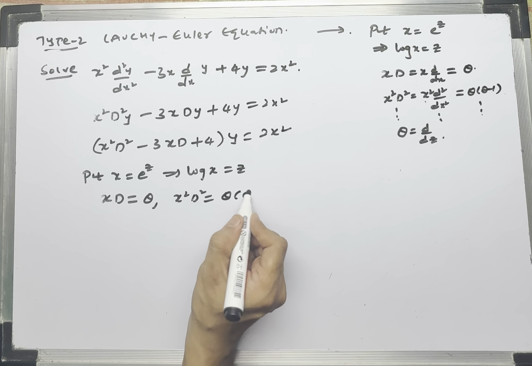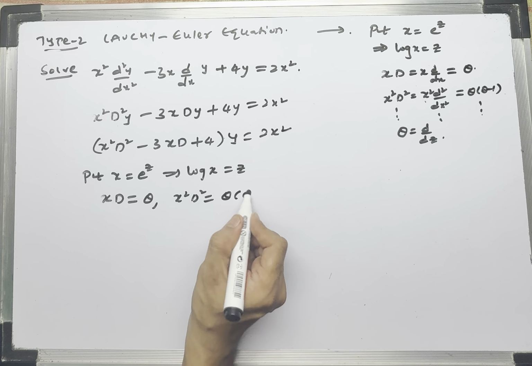If you are not good at factorization, you can go through with the formula. m plus 1 into m minus 5 equal to 0, m equal to minus 1, m equal to 5. So yc equals c1 e power m1 z plus c2 e power m2 z. This z thing you need to remember. E power m1 z, e power m2 z.